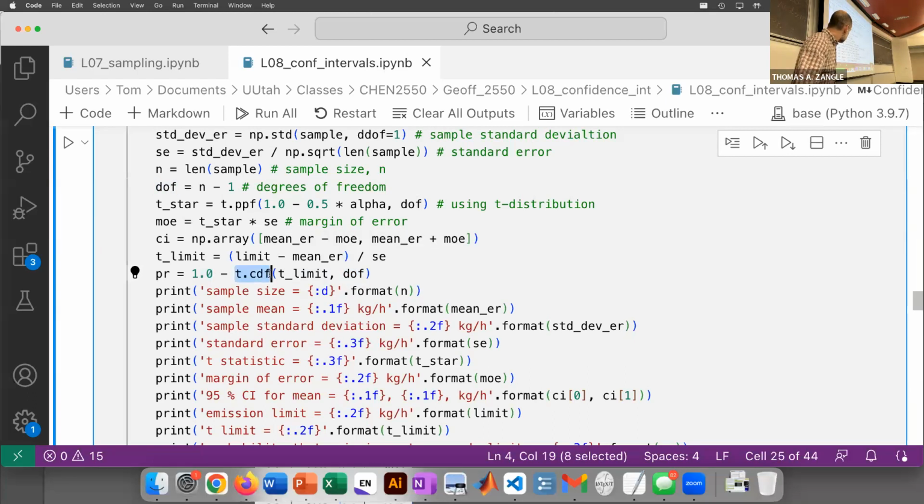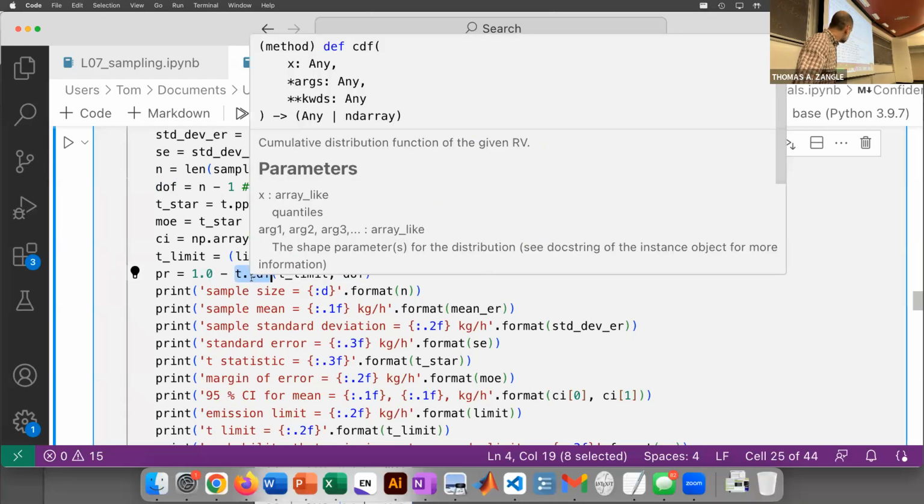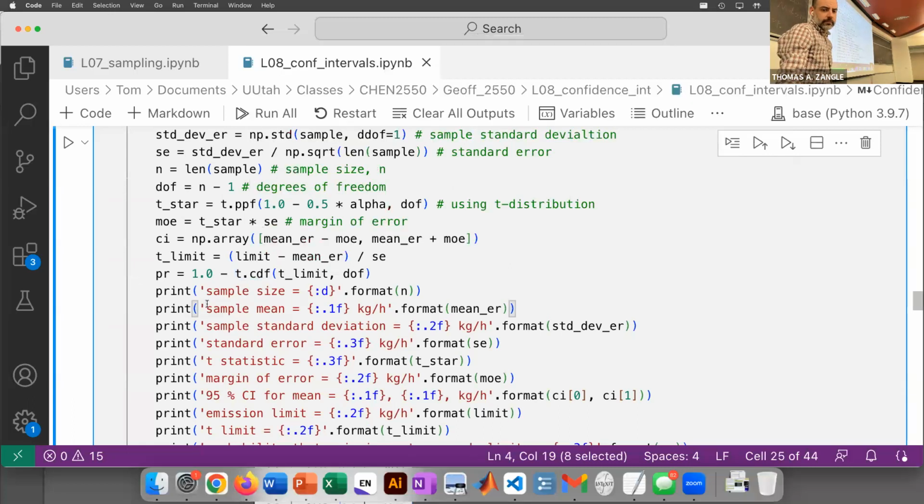To think of it another way, the CDF of that t distribution is going to give us the area under the t distribution all the way up to whatever the specified value of our t statistic is. And so the probability that we're out in the tail, all the way on the far side, is going to be 1 minus that probability. That's why we're doing that 1 minus t dot CDF.